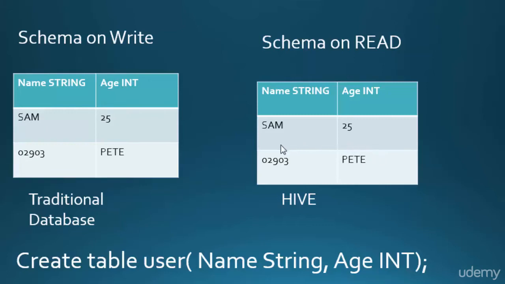Whereas when we read the data from this table, let us say we give a select star from the table called user, Hive will verify the schema at this point. As Pete is not an integer type, a null value will be displayed instead of Pete. As the schema doesn't match the file contents, null values will be displayed for the fields where a schema mismatch happens.